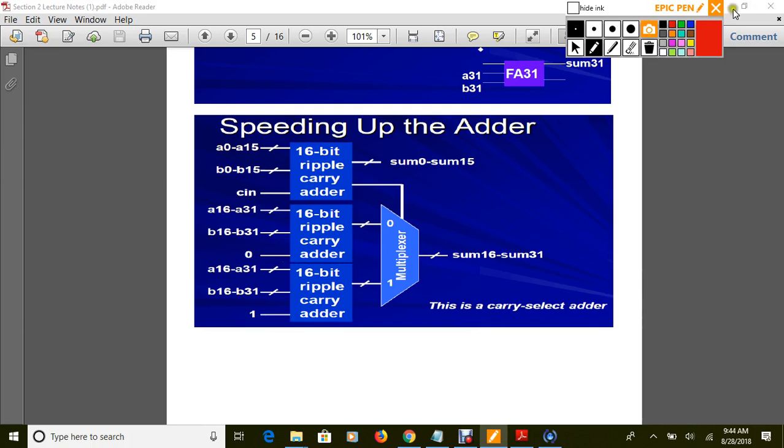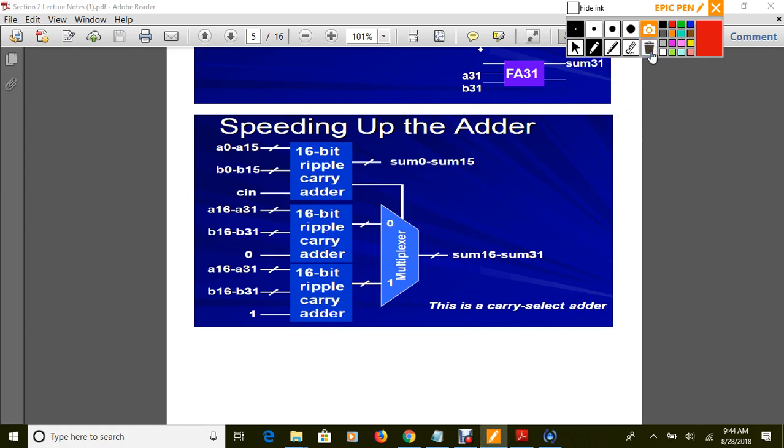And then by the time I get there, pretty much at the exact same time, I will get the actual carry in value. So if it's 0, instead of having to wait and do the rest of these 16 adds, I have the result already and I can present it. Likewise, if it's 1, the output is this one.